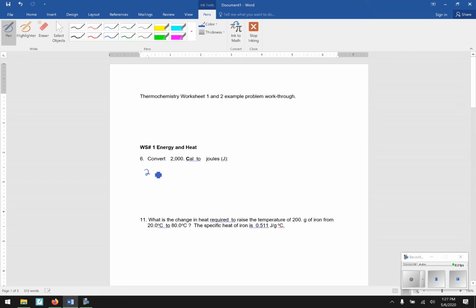So you're going to start with, it's a conversion, so 2,000 big C calories over 1. There are 1,000 little c calories in 1 big C calorie. And then our conversion factor to get to joules is 1 calorie on the bottom, because that's what we want to get rid of, and 4.18 joules.